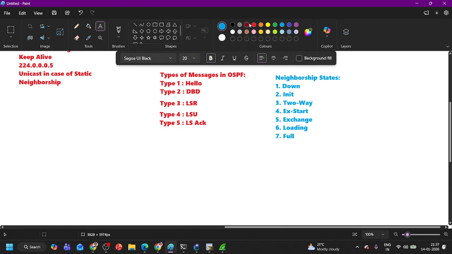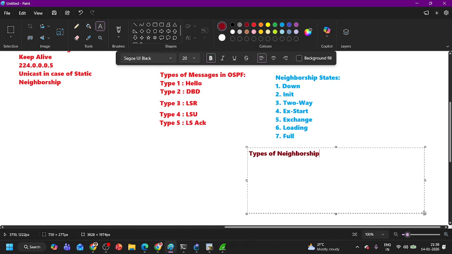Before understanding states, understand one thing: in OSPF we have two types of neighborship.